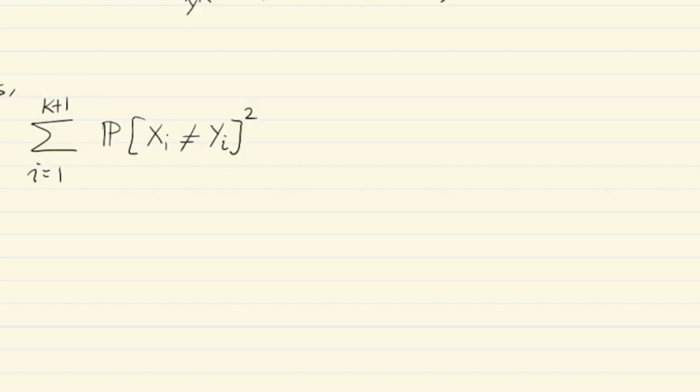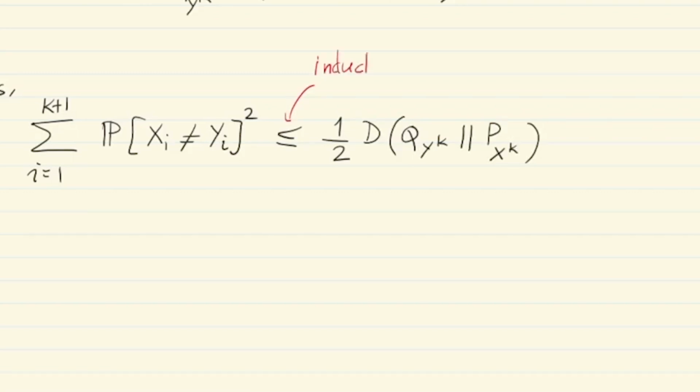So you can split this into the sum from 1 to k and then the k plus first term. The induction hypothesis gives us a bound for the first k terms, the sum of the first k terms, as d of q yk with respect to p xk. This is by the induction hypothesis. Plus the additional term, the last square term at position k plus 1.